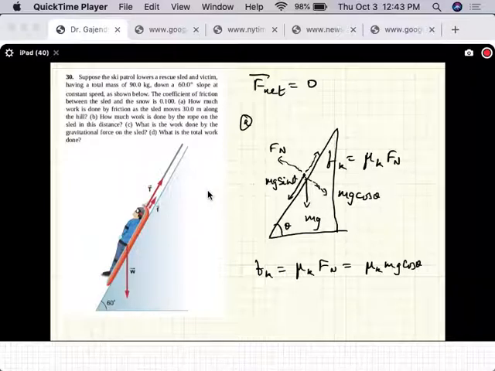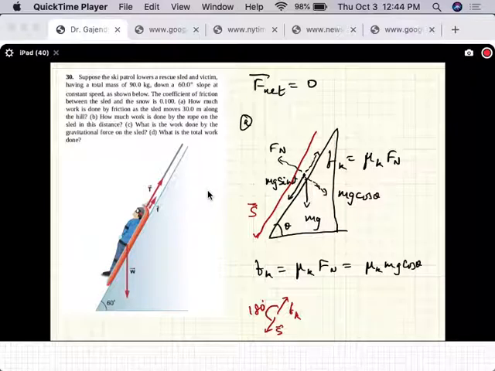Now we have found the friction force, and the displacement of the person is along the incline. The angle between the friction force and the displacement is 180 degrees.